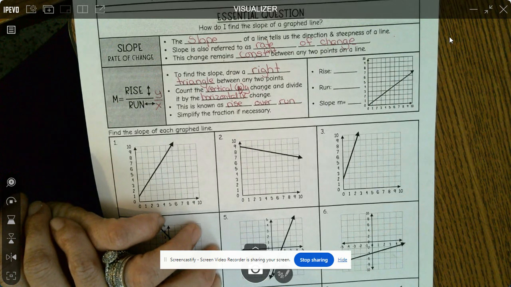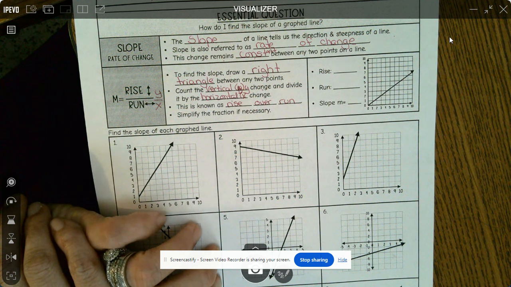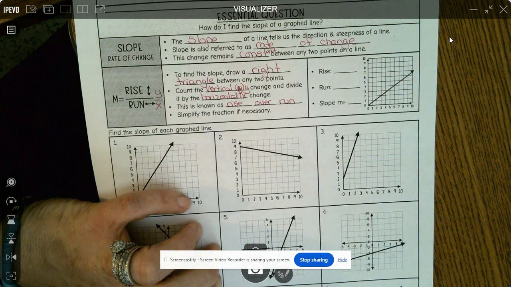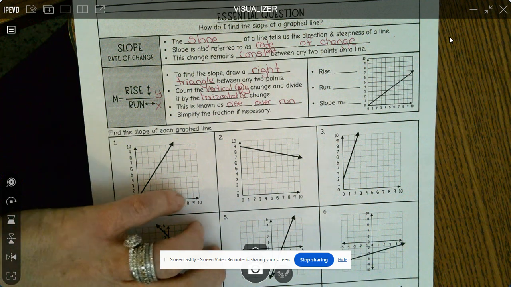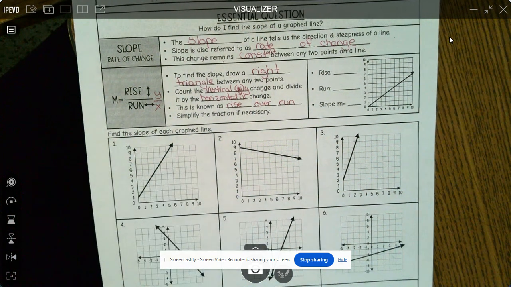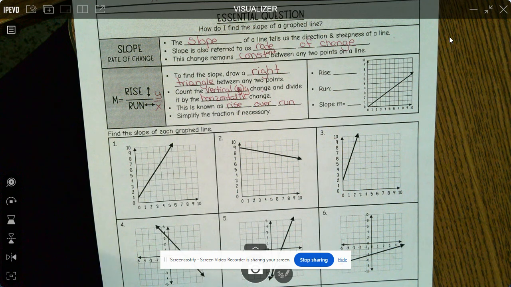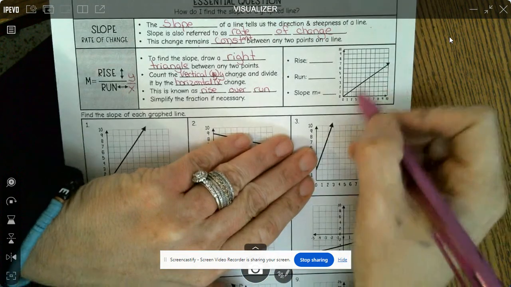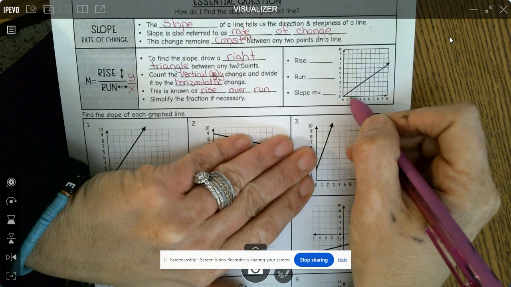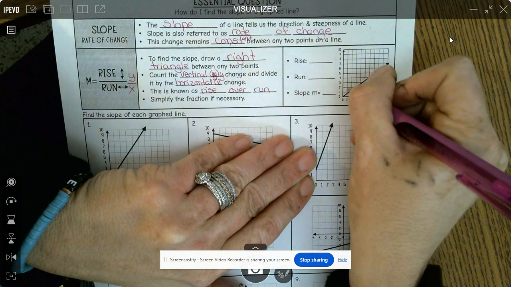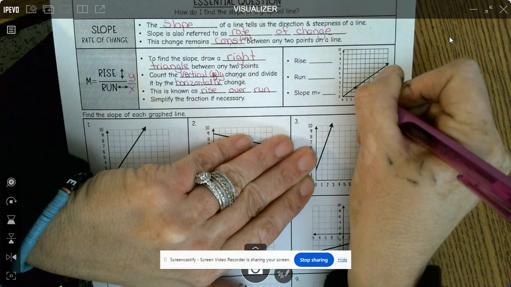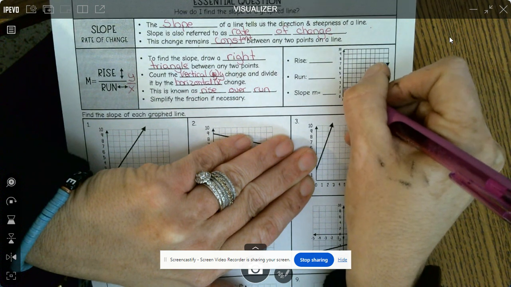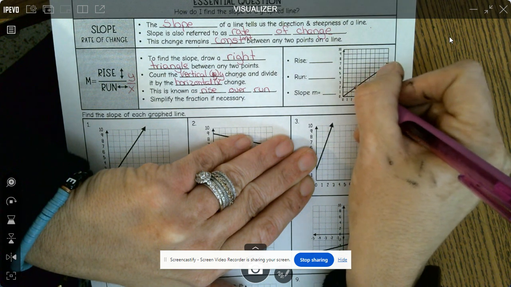All right. So let's get down to the nitty gritty, right? I don't like to go over all this crazy talk. For you guys to be successful, you need to find the point of intersection between x and y, the exact point that x and y meet. All right. So if we were to look over here, I can see that right here, the rise is 2, the run is 3.